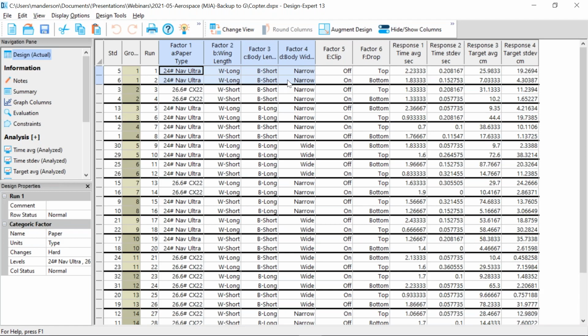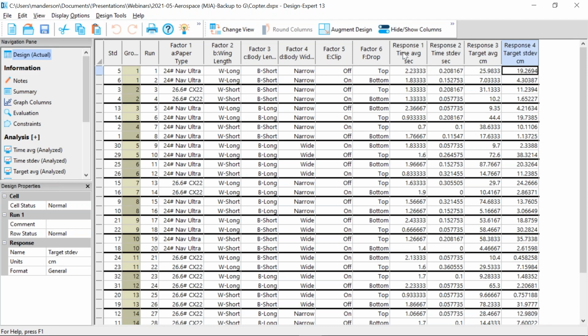Then once we had that airplane built, we actually would drop it either by putting a paper clip off or on from the top or the bottom, and then measure the time of the flight. And then we would measure after 3 drops what the standard deviation of that was. And then each time we dropped it, we would measure the distance from the target and average that out, and then take the standard deviation of that.